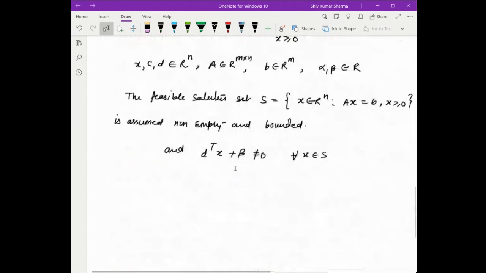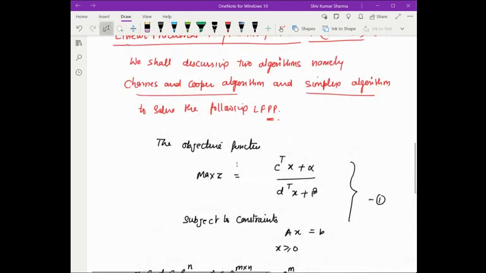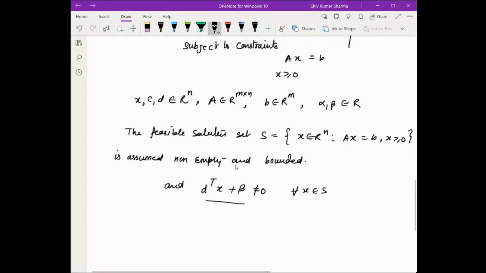Same here, we write that the denominator g(x) is not equal to 0, having some functional value, linear or non-linear. We are talking about the linear fractional programming problem, so obviously this is in the form of a linear function, which may be in the form of ax plus b.